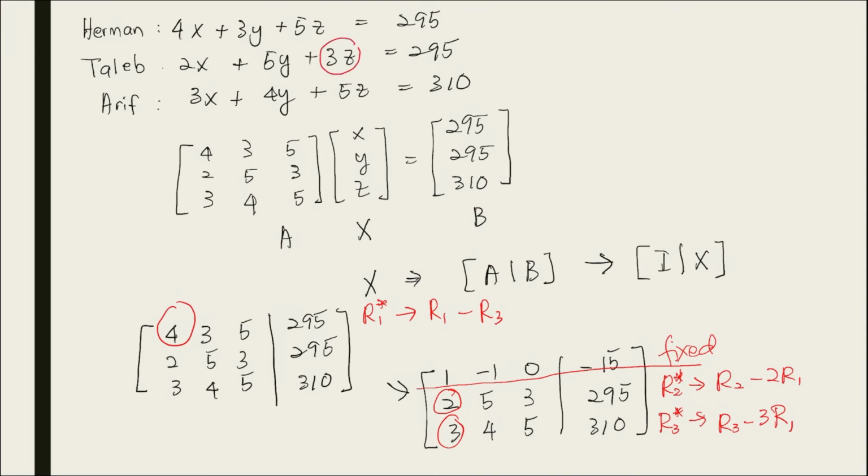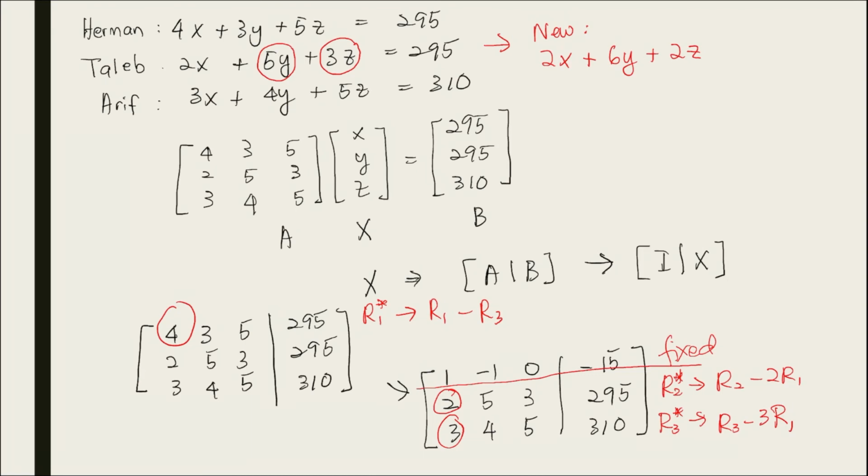Talib wants to change 1z into 1y, which means Talib will have one less z and one more y. So the new equation for Talib is 2x plus, since he will have one more y, 6y, and one less z, so 2z.